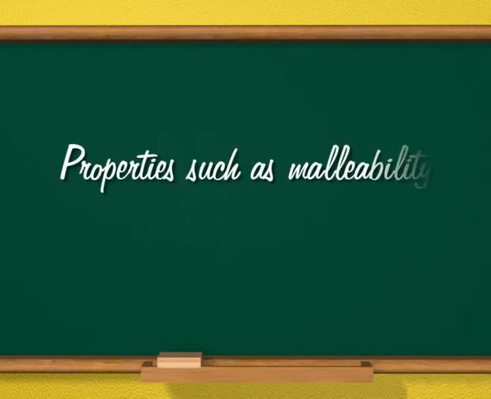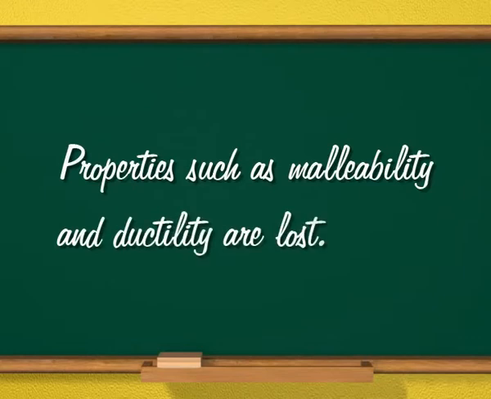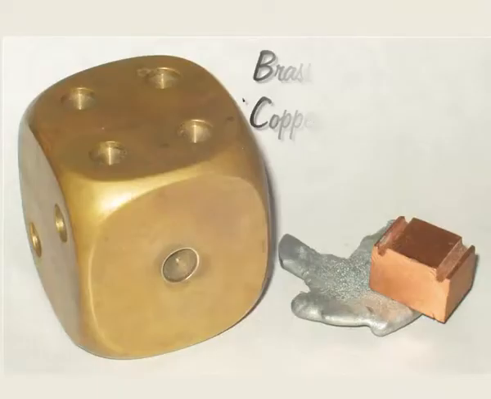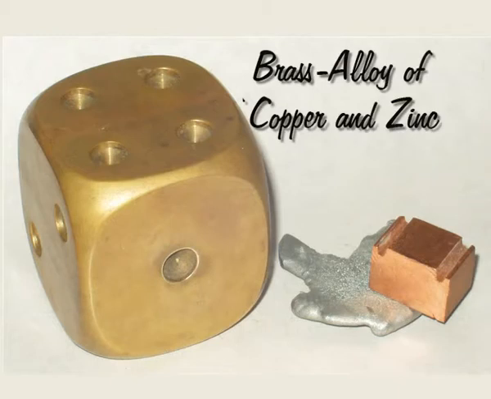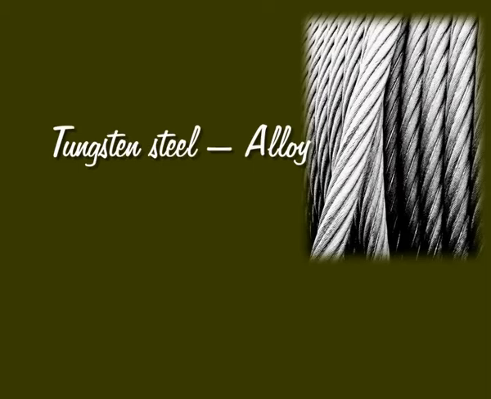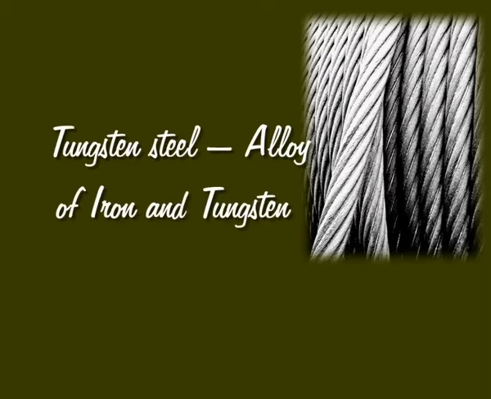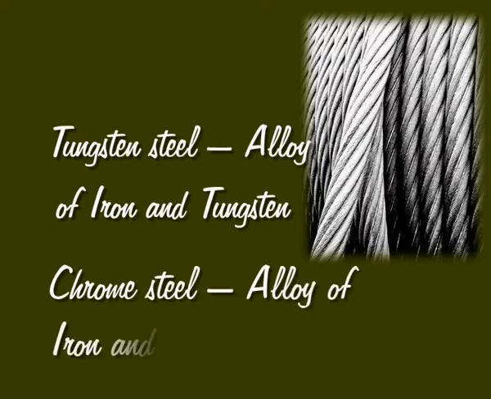In these alloys, properties such as malleability and ductility are lost. Some examples are brass, which is an alloy of copper and zinc. Tungsten steel, which is an alloy of iron and tungsten. Chrome steel, which is an alloy of iron and chromium.